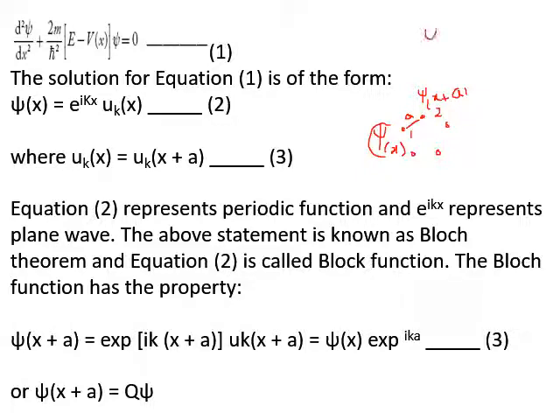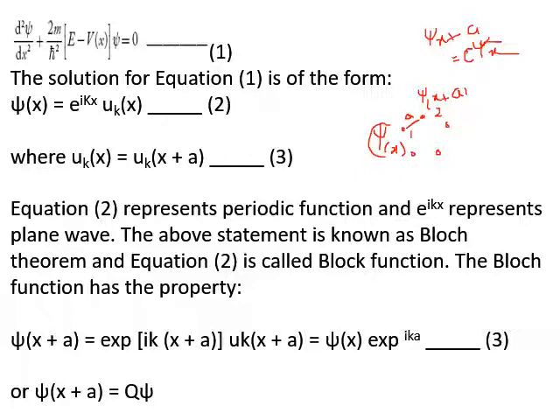This means we can say that psi(x + a) is equal to psi(x), if and only if there is some coefficient, and suppose that coefficient is c. So psi(x + a) is equal to psi(x) only by one coefficient, and that is c.